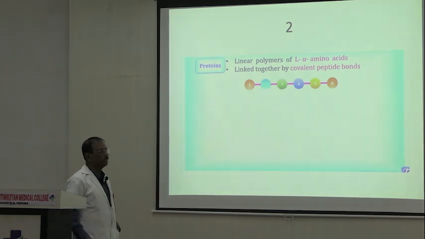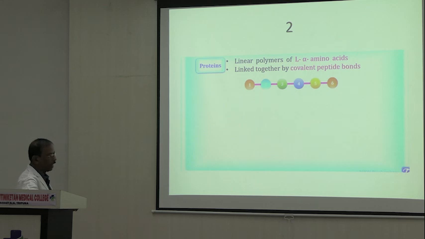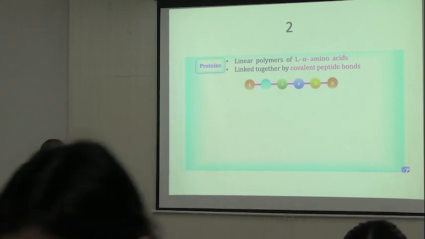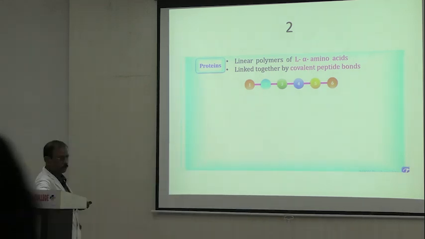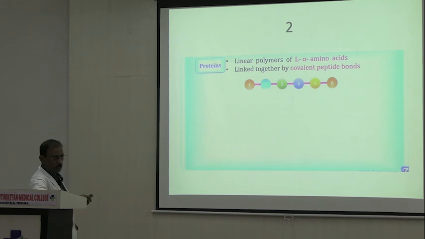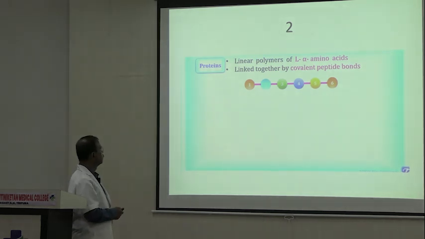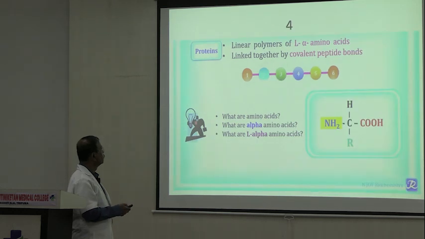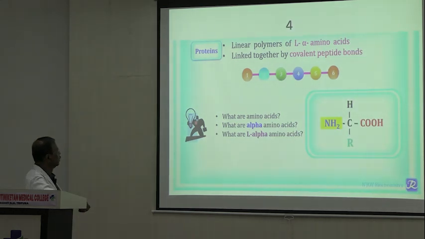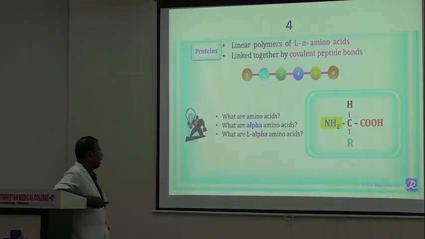Proteins are linear polymers of L-alpha amino acids, linked together by covalent peptide bonds. Now, what are amino acids? We know what are alpha amino acids and what are L-alpha amino acids.